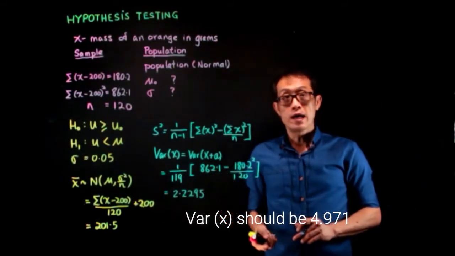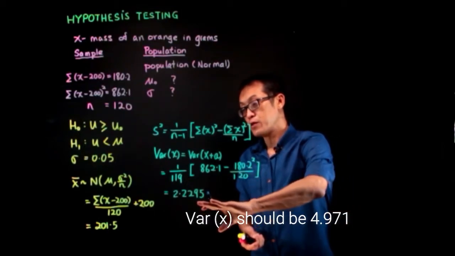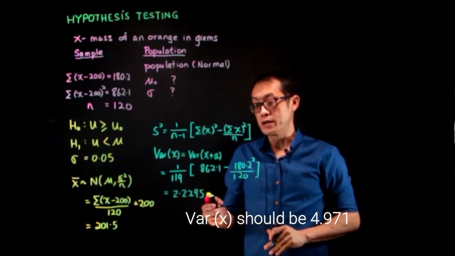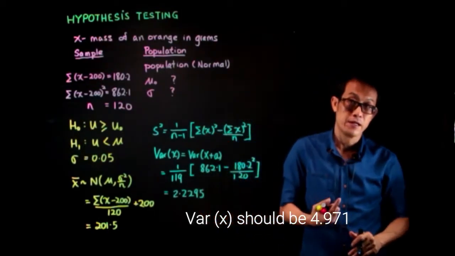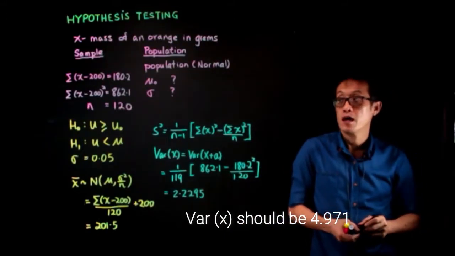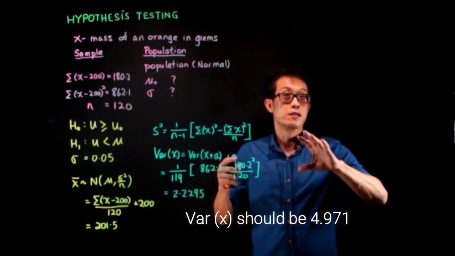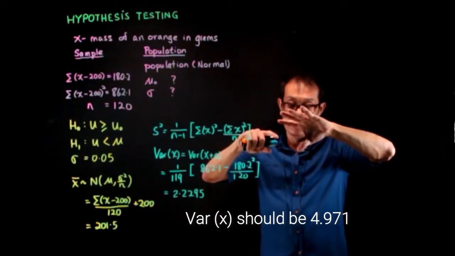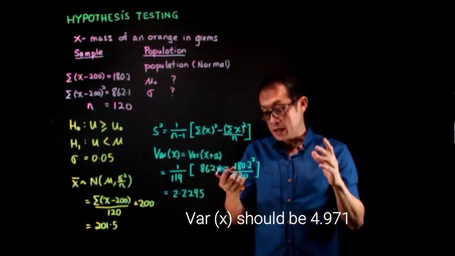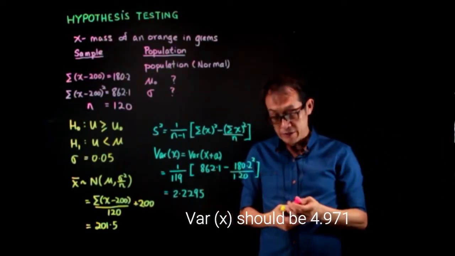Now you are asked to find the value of mu naught so that you reject the null hypothesis. Let's look at it graphically. What does that mean? Let me draw the normal curve first.